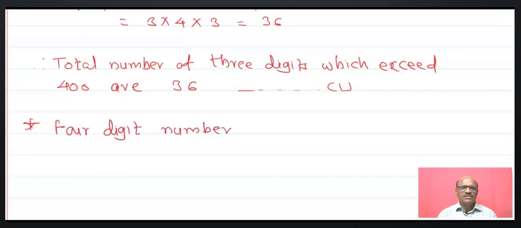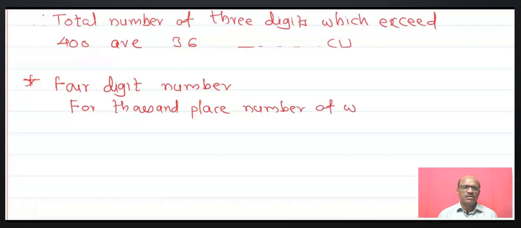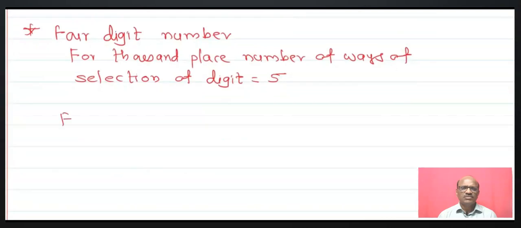4 digit number, this is very simple. For the 1000 place, the number of ways of selection of digits is 5.